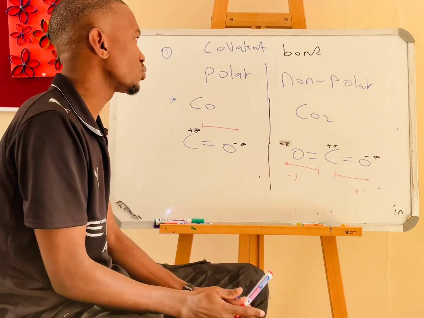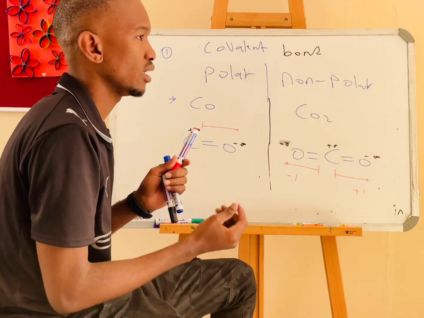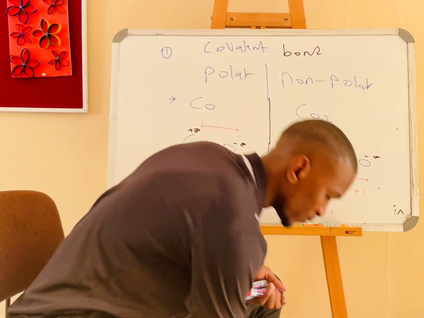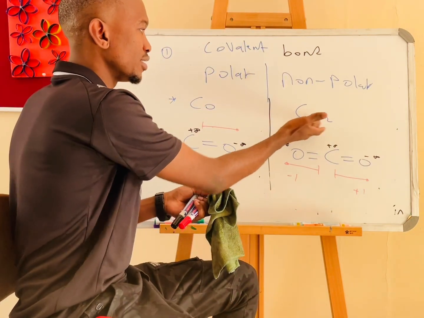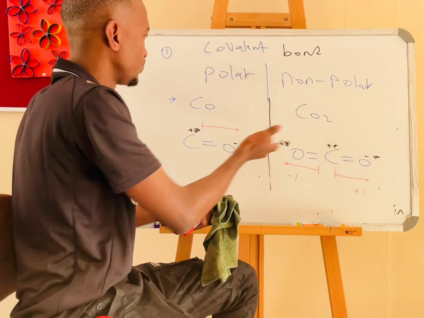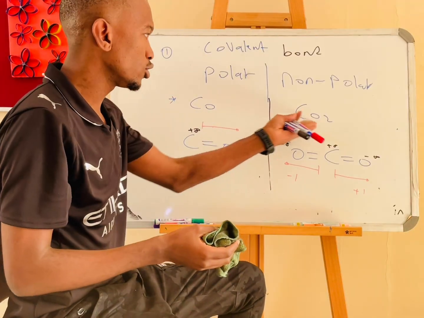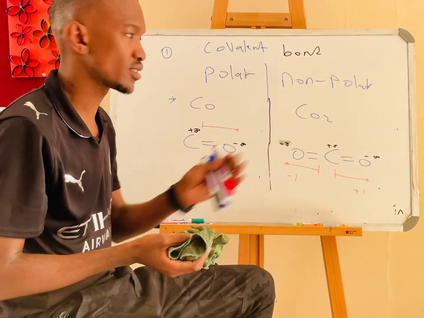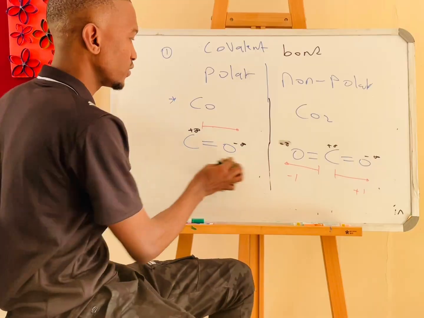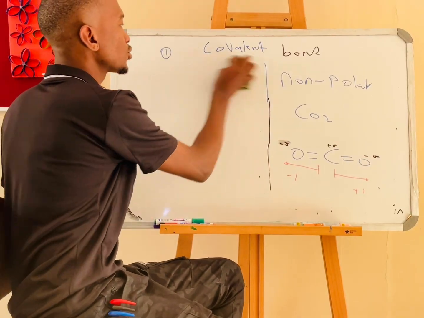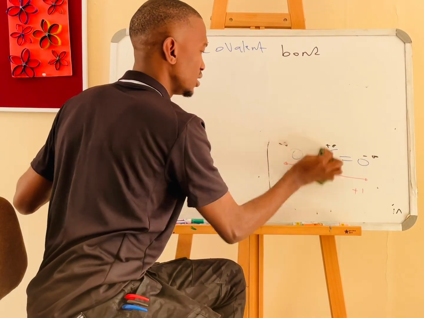So that's what we mean when we say polar and non-polar. We'll talk about it next time, okay? And of course, as you can see, it's a molecular compound, because they are all non-metals at the end of the day. So now let's continue.